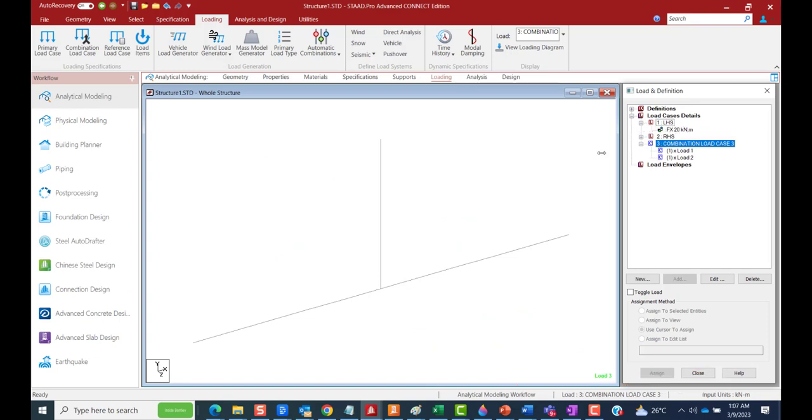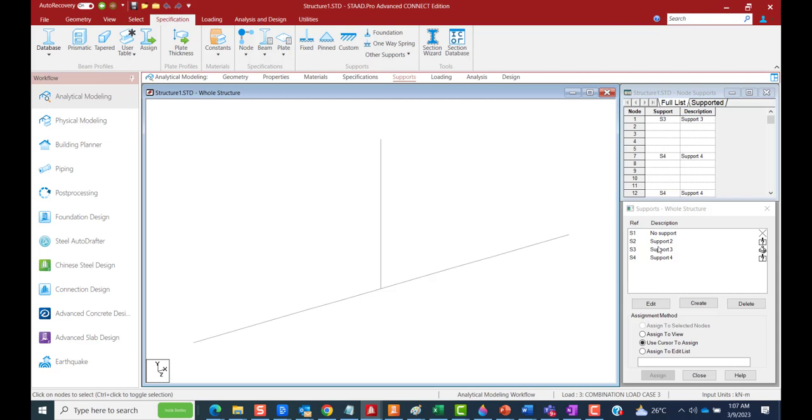So here we have taken a simple kind of structural arrangement. It's kind of an isolated footing, but it's not exactly the same as a footing. We have just created some arrangement to explain with more clarity. So what we have done is we have put a hinge over here, and we have put some compression only spring supports here.